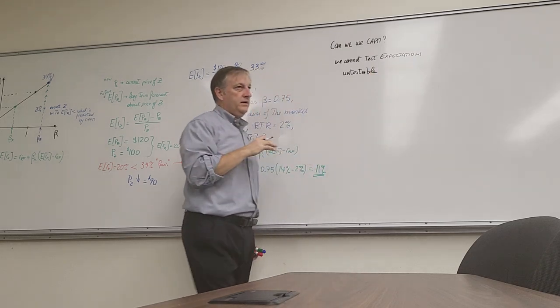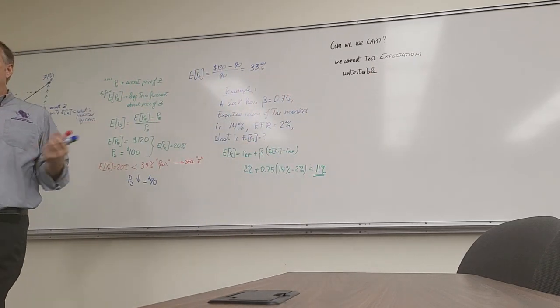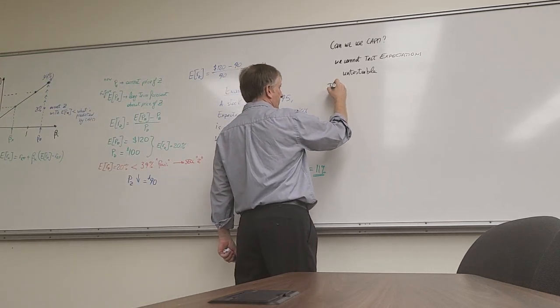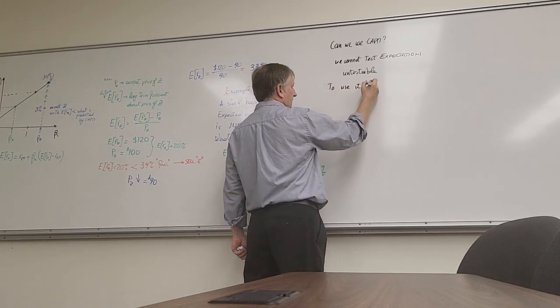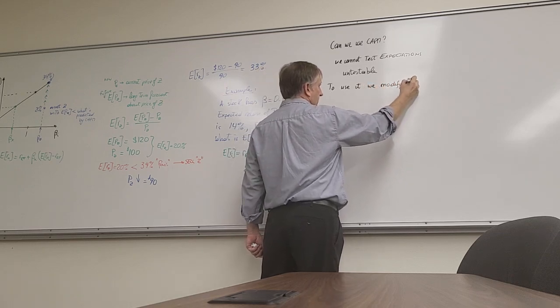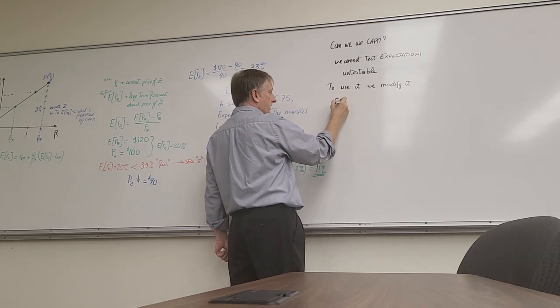So it's purely theoretical. But you've learned in other classes that this model is used. So we use it, we modify it, and we use it in terms of required returns.